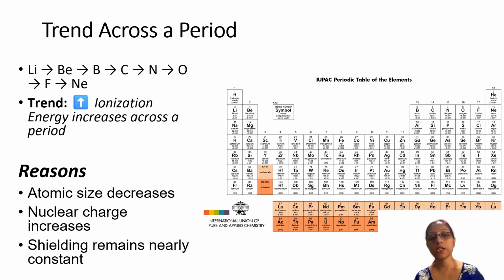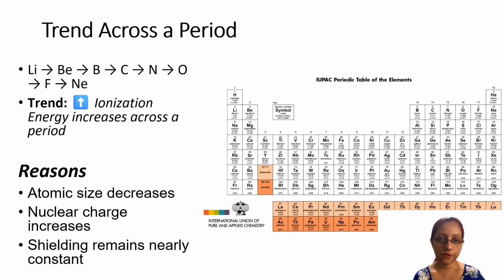This makes the nuclear charge stronger, pulling the outer electrons closer to the nucleus. As a result, the atomic size decreases and electrons become more tightly bound. So it takes more energy to remove an electron, which means ionization energy increases across a period.